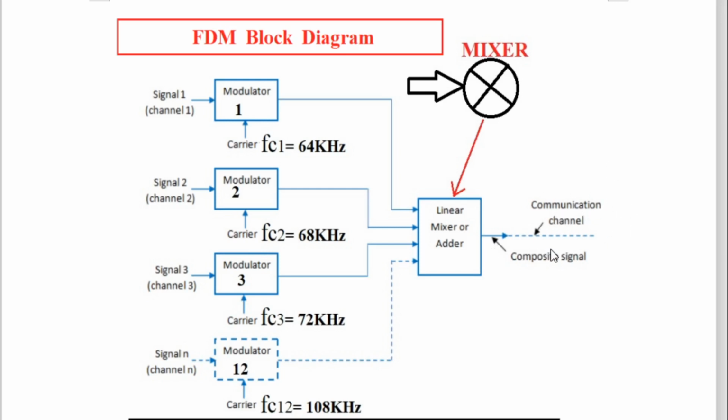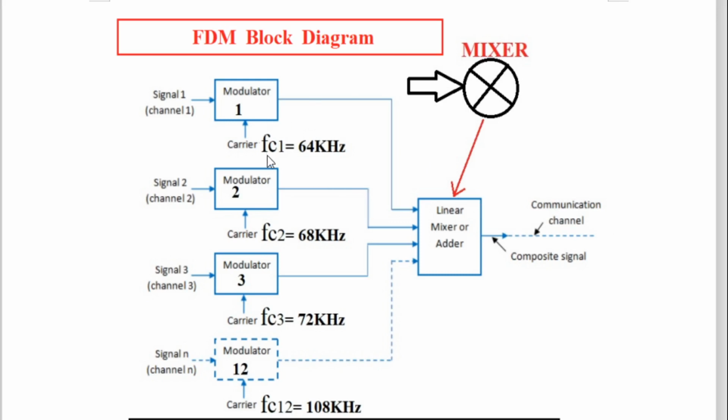This is important: in frequency division multiplexing, all 12 information signals are passed simultaneously on the communication channel after modulation. I will repeat once again.